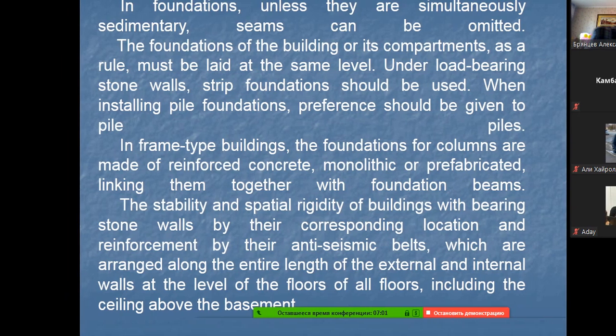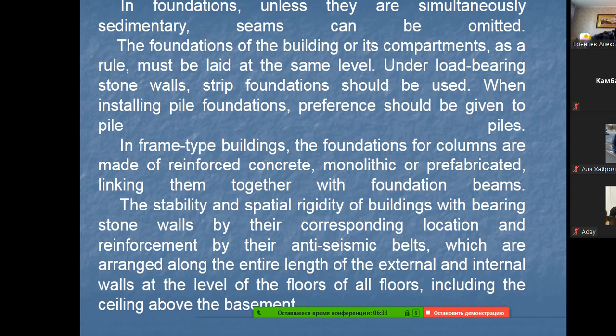Foundations for construction in seismic areas are one of the first constructions to be installed, and an important one, because problems with the foundation can lead to problems for the whole building.